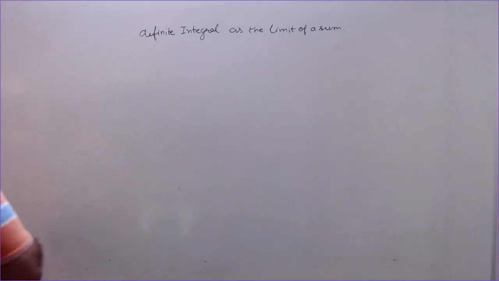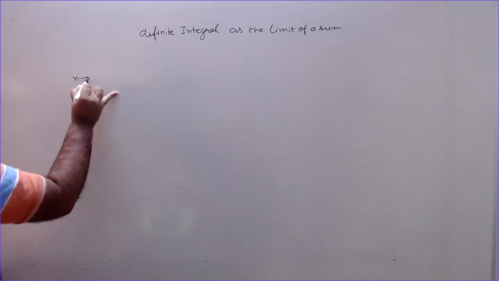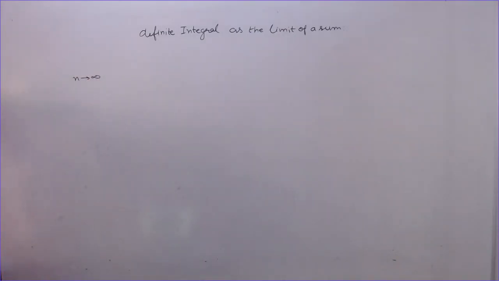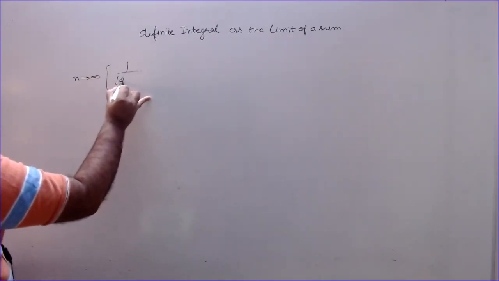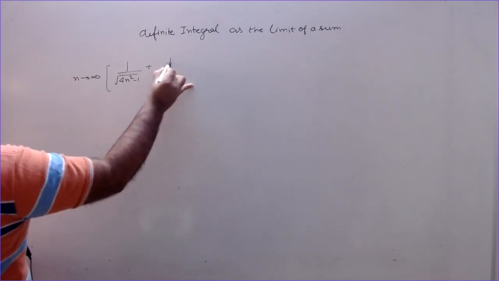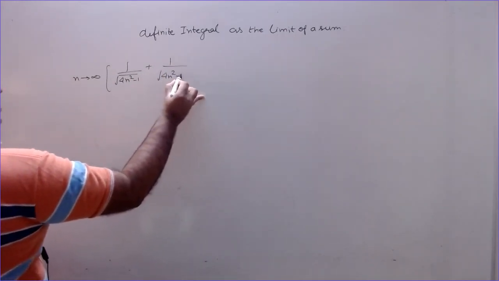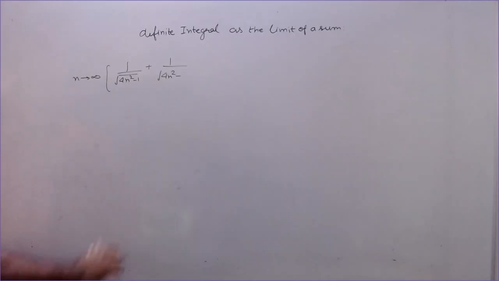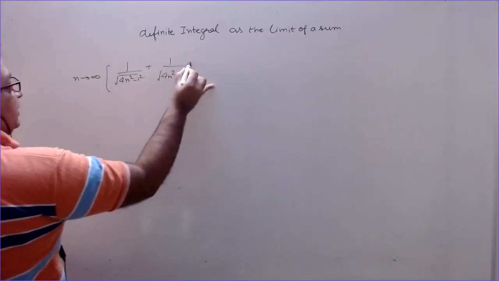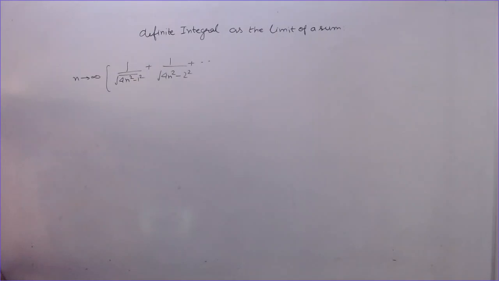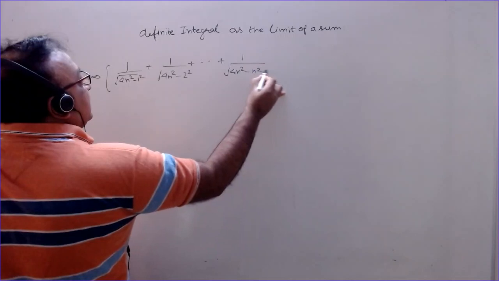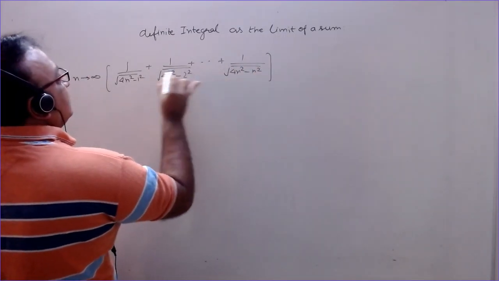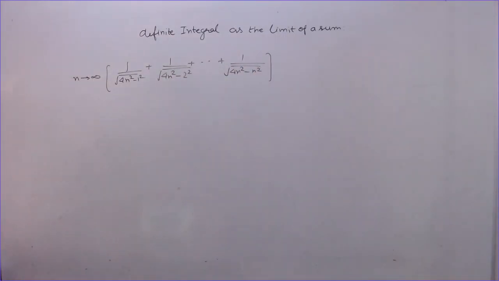The question is, we have to evaluate the limit, the sum of the series, n tending to infinity, 1 upon under root 4n square minus 1 plus 1 upon under root 4n square minus 2 square, this is 1 square, and up to 4n square minus n square. This you have to find.